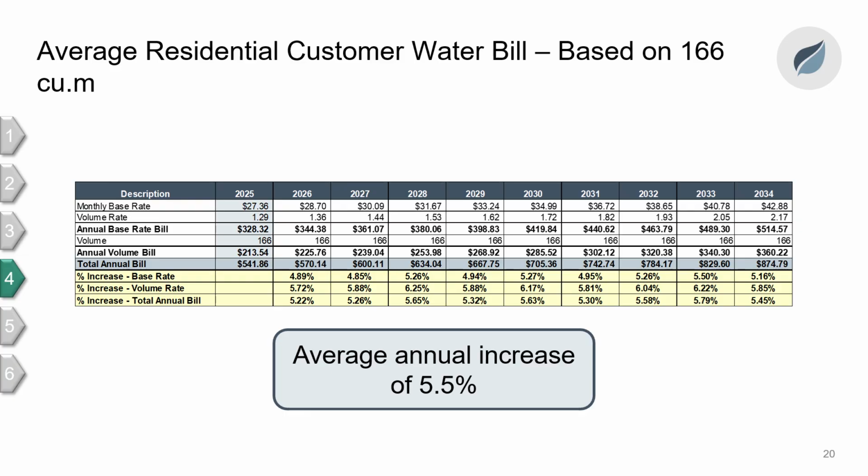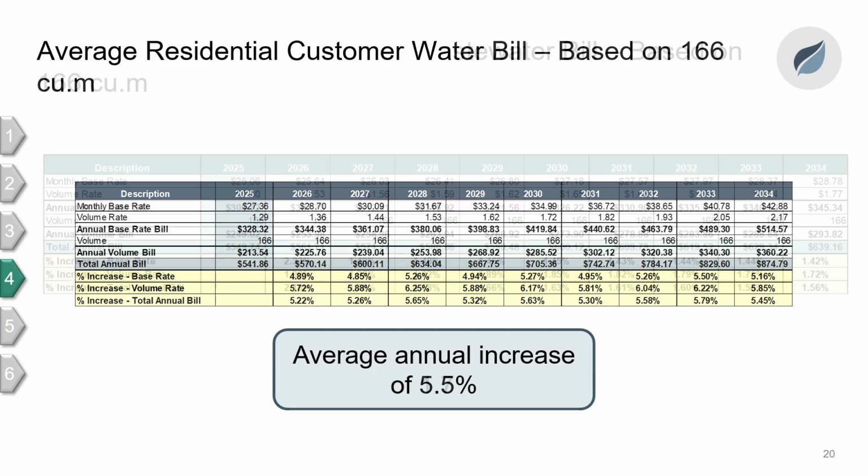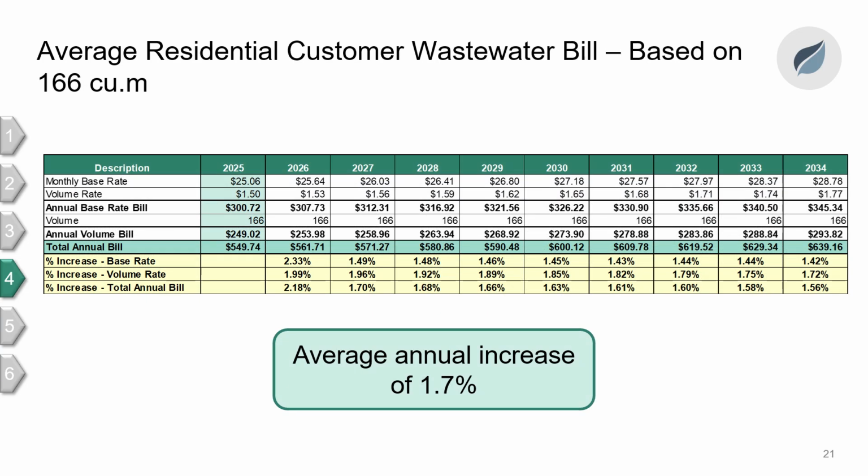This is for an average residential customer that uses about 166 cubic meters a year. On the wastewater side of things, we're looking at annual average increases of 1.7%. Next year, the base rate increases 2.3% and the volume rate 1.99%, for the total bill on the wastewater side going up about 2.18%.